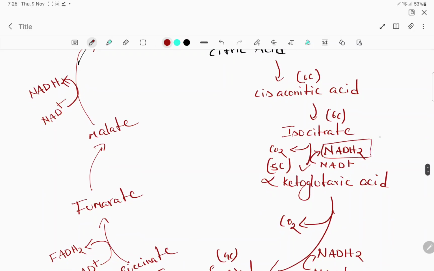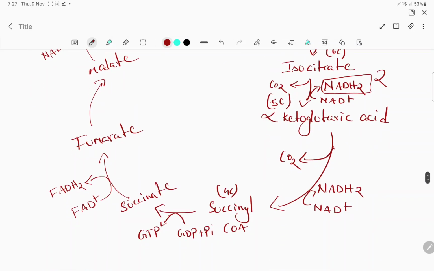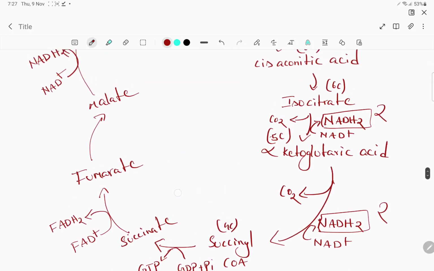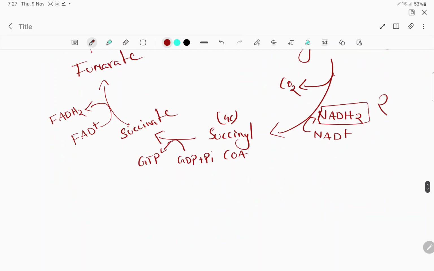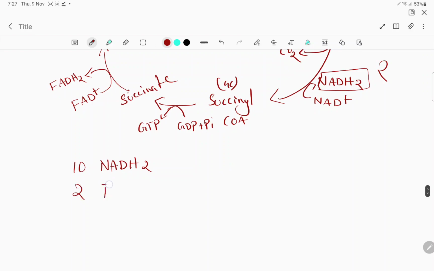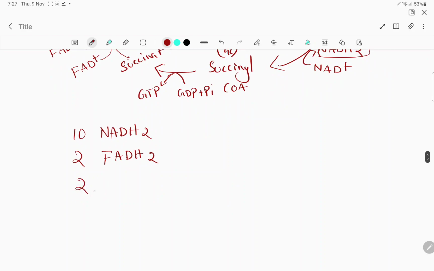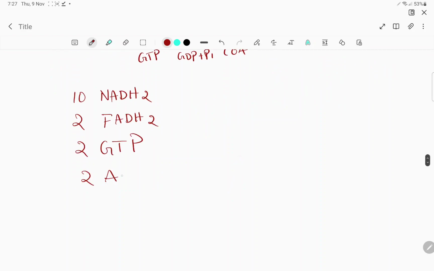So this NADH2, 2 more 6, 2 more 8, 2 more 10. So totally 10 NADH2 are produced, and 2 FADH2, 2 GTP, and 2 ATP in glycolysis.